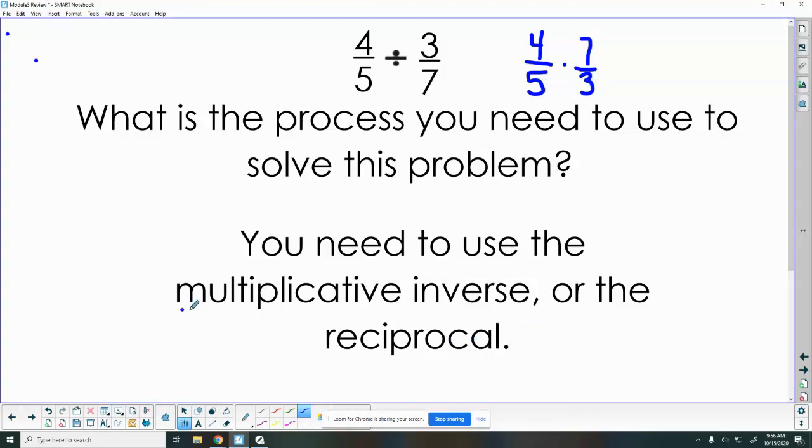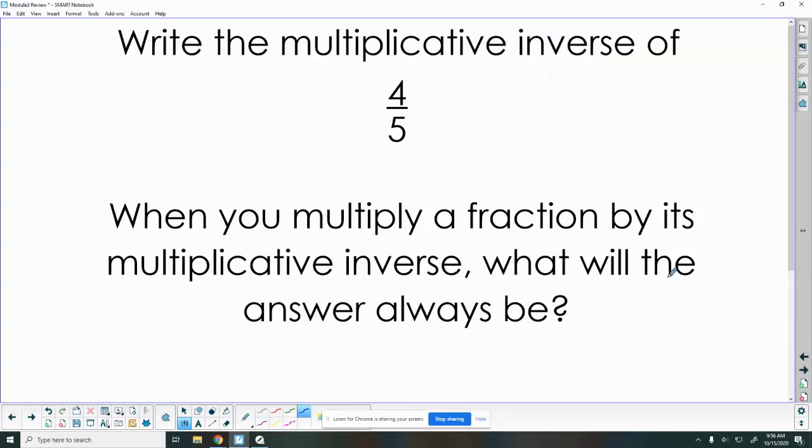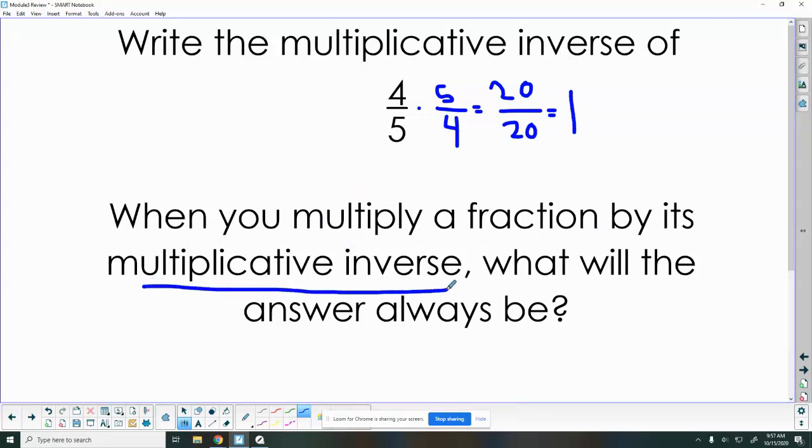So let's take a closer look at what a multiplicative inverse means. So we have this fraction here, 4/5. If I write the multiplicative inverse of 4/5, I multiply by 5/4. When I multiply this out, 4 times 5 is 20, and 5 times 4 is also 20. 20 divided by 20 is 1. So when I multiply a fraction by its multiplicative inverse, the answer will always be 1.